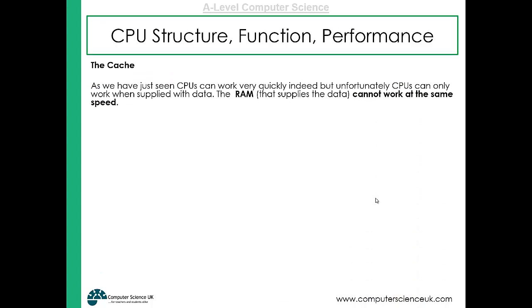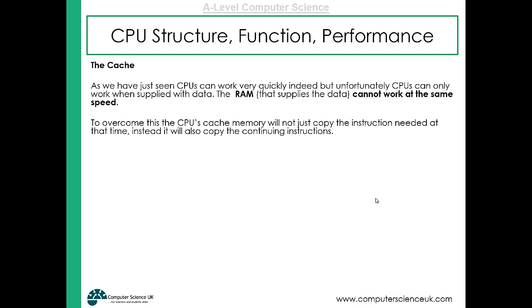Okay, the cache. So we've seen that the CPU can work very quickly, 3 billion cycles per second. But the CPU can actually only work when it's supplied with data, and the RAM, which supplies the data, can't actually supply it quick enough. So to overcome this, the CPU's got its own little bit of memory known as the cache, and it won't just copy the instructions needed at that time.